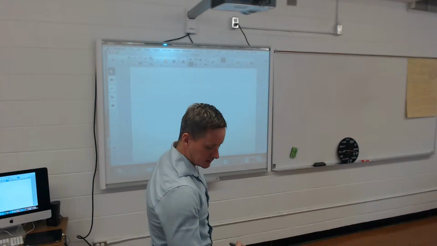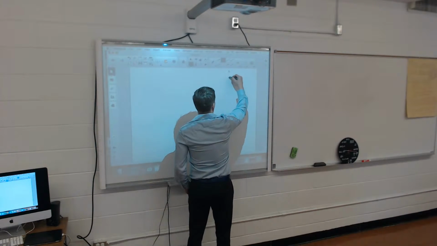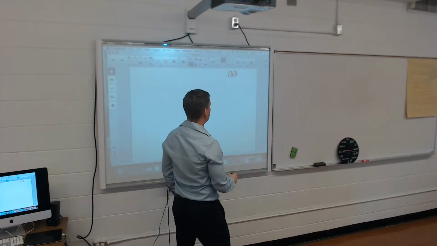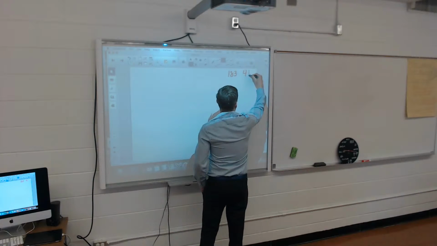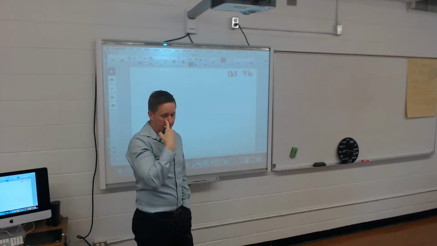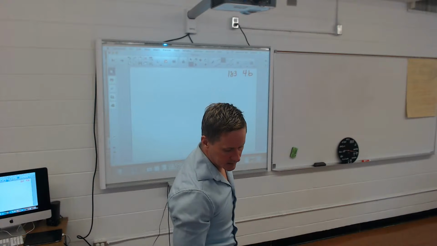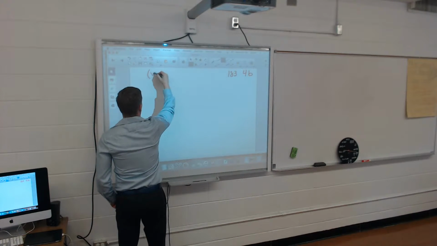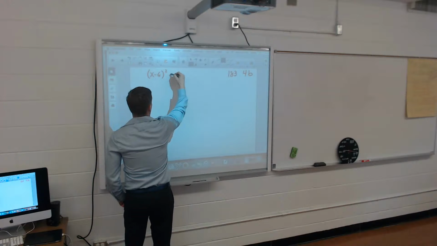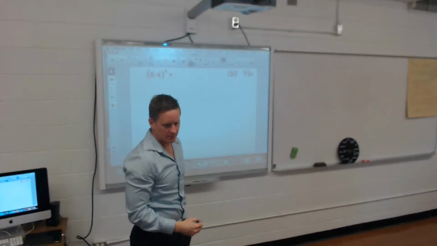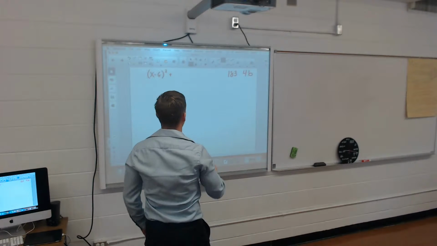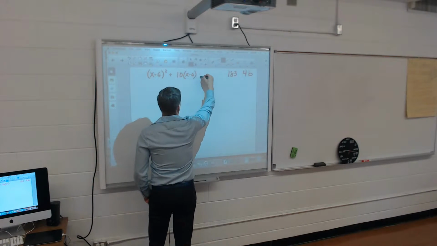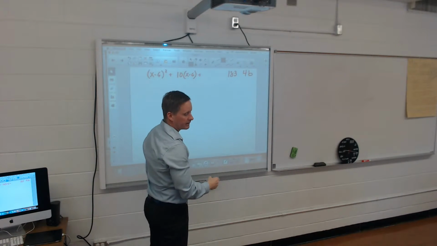So this is page 183, and it's question 4B. Okay, so the question is x minus 6 squared plus 10 times x minus 6 plus 9.